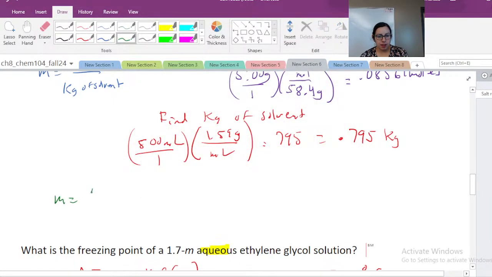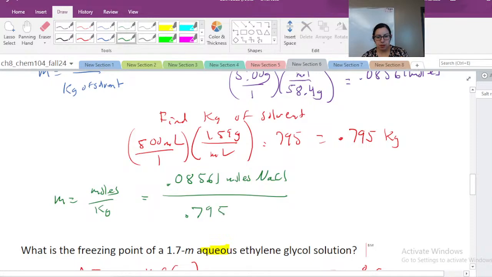So now molality. I'm just rewriting the definition. So now we can plug in our numbers that we found. So moles of sodium chloride over total kilograms of solvent.